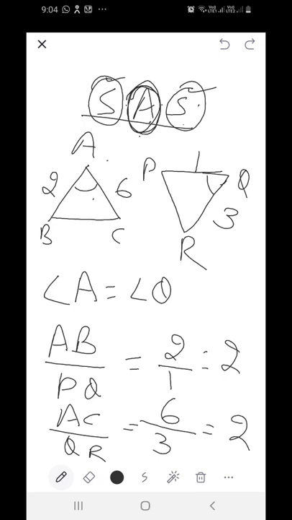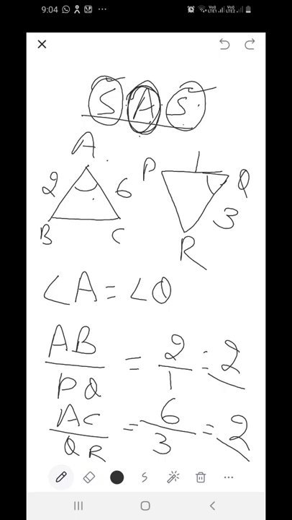Now you see that the two sides AB and PQ are giving you the proportion 2, and AC upon QR is also 2. So it means the two pairs of sides are in same proportion.